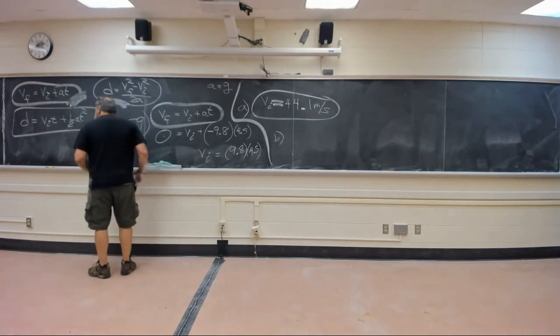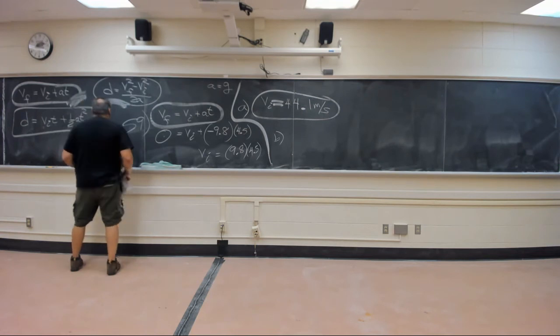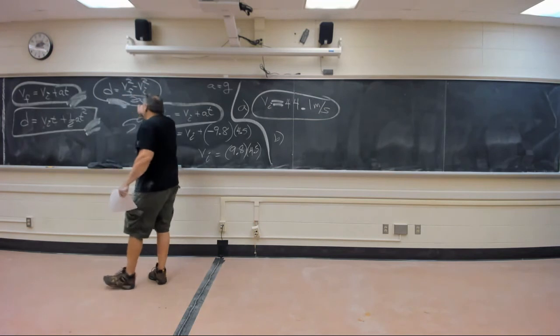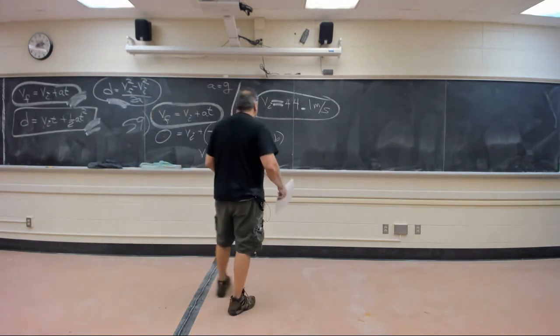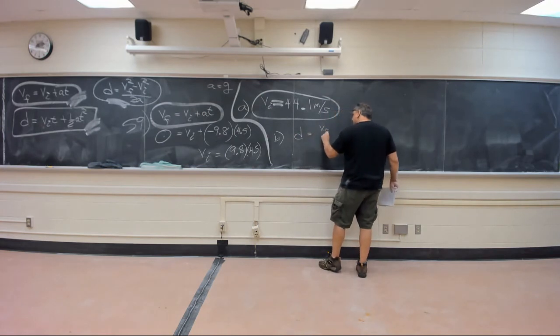It's all good. 44.1 times 4.5 seconds plus 1/2 of negative 9.8 times the quantity 4.5 squared. You got to have negative. Here you got to have negative 2 also. In fact, let's use that one.